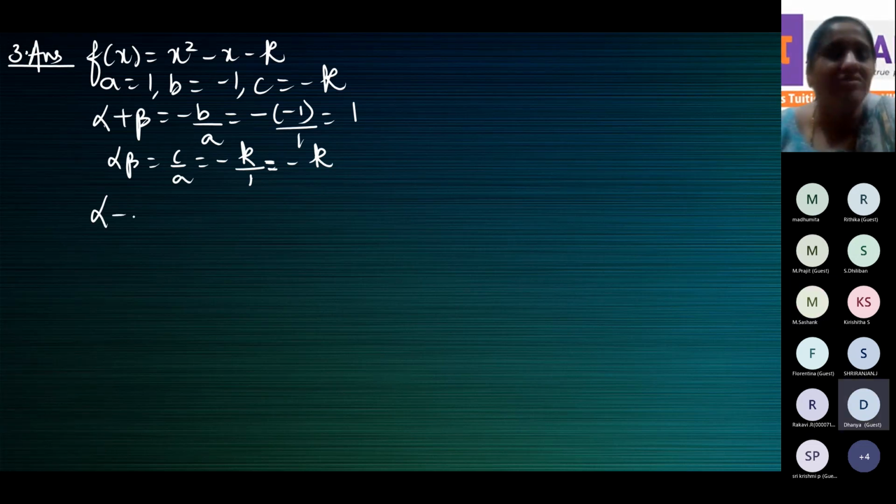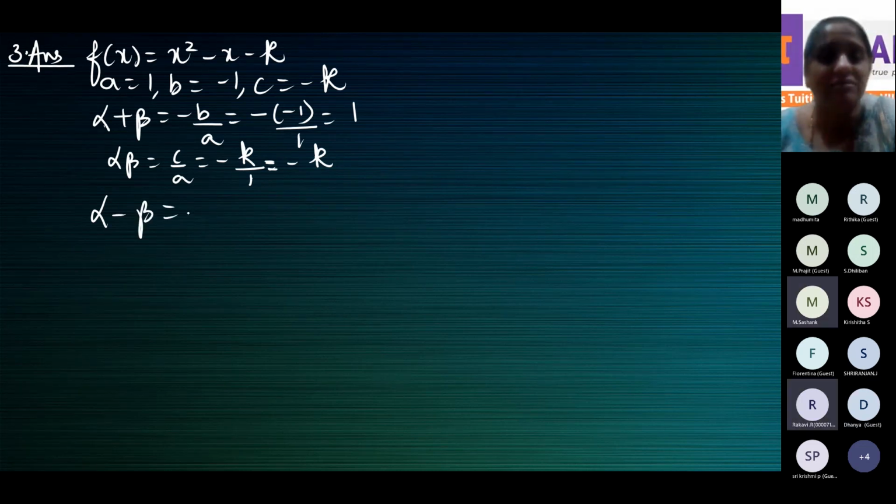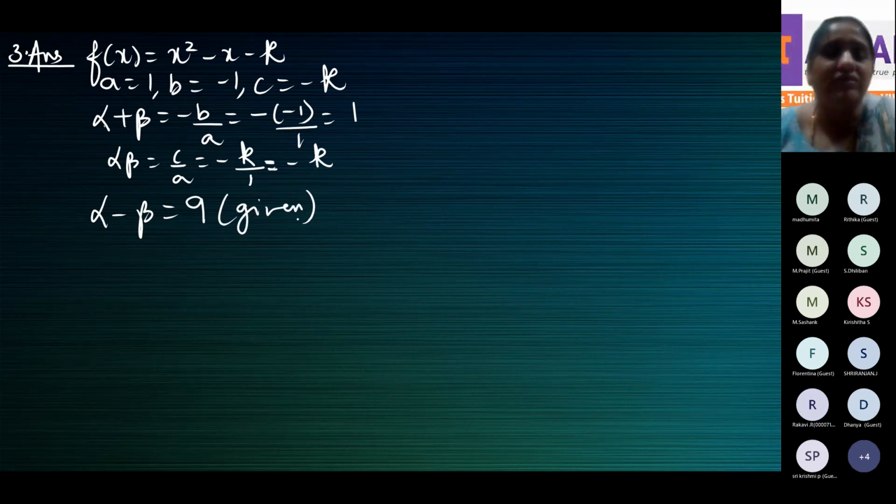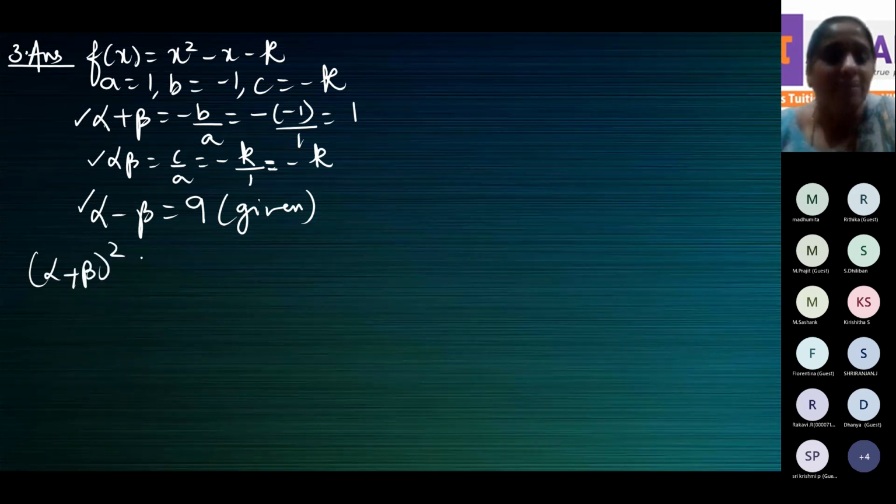Yes, ma'am. What is alpha minus beta given? It is 9. This is given. So we know alpha plus beta, we know alpha beta, we know alpha minus beta. So we are trying to write an identity which connects these three expressions, which is (alpha plus beta) the whole square minus (alpha minus beta) the whole square is equal to 4 alpha beta.